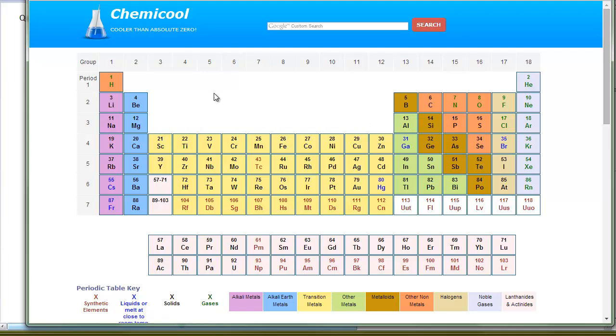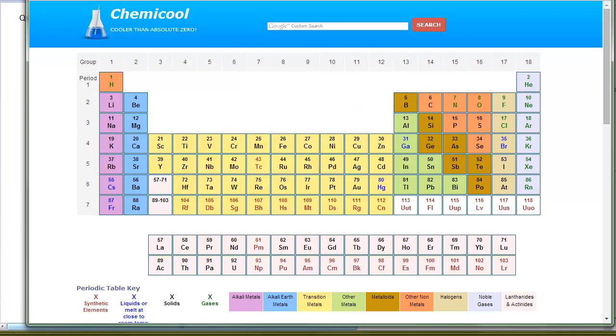That's also why we have this gap here on the second and the third row, because we want to line up the elements such that the columns have similar chemical and physical properties. We call these groups or families. This tells us how to line up our electrons in an atom.